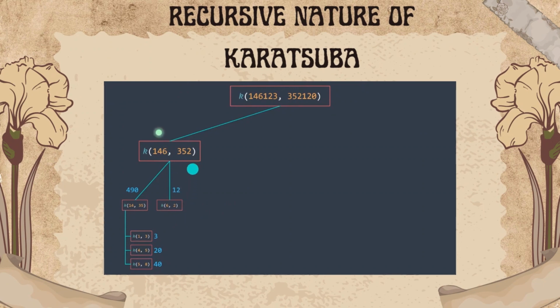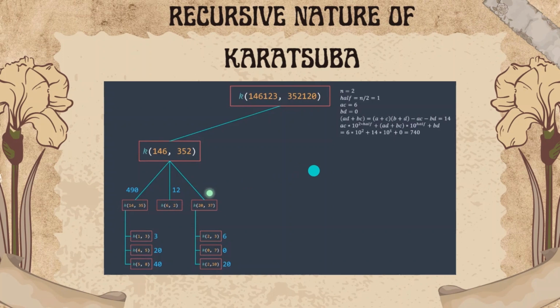And then again, a plus b, comma c plus d, which is nothing but 14 plus 6, 20, and 35 plus 2 is 37. We do the same steps again and again. So basically, we are just finding k of a, comma c, and then k of b, comma d, and lastly k of a plus b, comma c plus d.